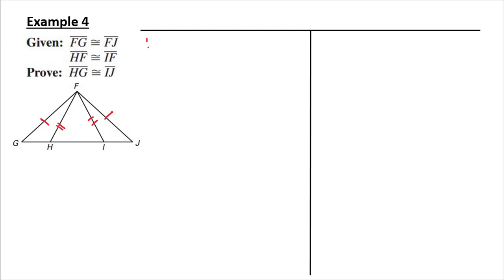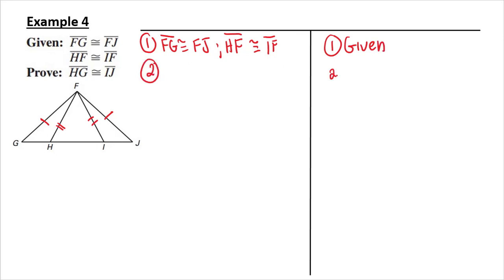So let's first write out our given. We always start our proofs by writing out the given. Now take something that you know from the given. We're in our isosceles triangle, so angle G is congruent to angle J.